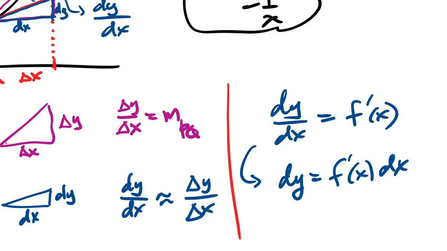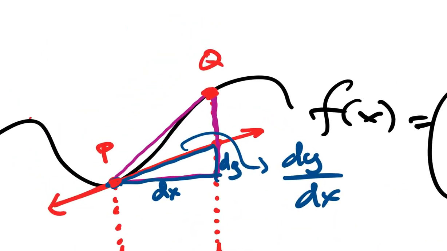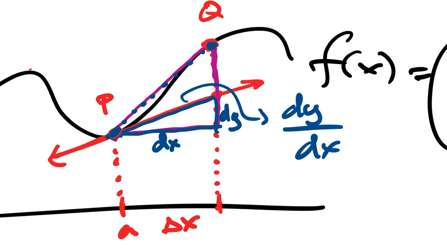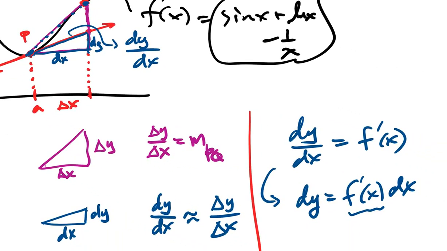How this helps us is that if the derivative is a simpler function, then calculating the change in the function itself from one point to another is probably going to be easier using the derivative instead.